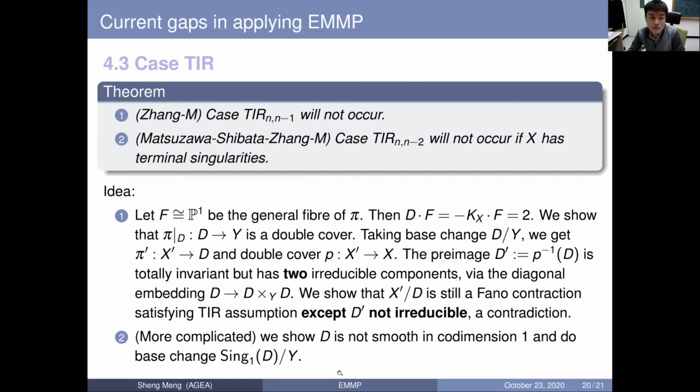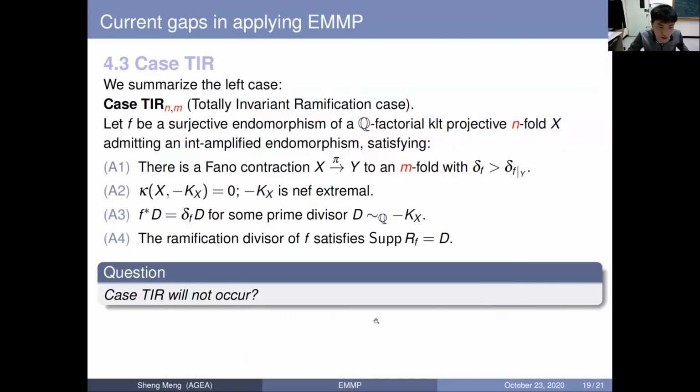Okay. So let me interrupt you. For the part one, the idea, I forgot, is double cover, the base change is quasi-étale or not? Yeah, quasi-étale. So the anti-Iitaka dimension is preserved. Okay, thanks. Indeed, here the KSTR is equivalent to removing this assumption on prime divisor.